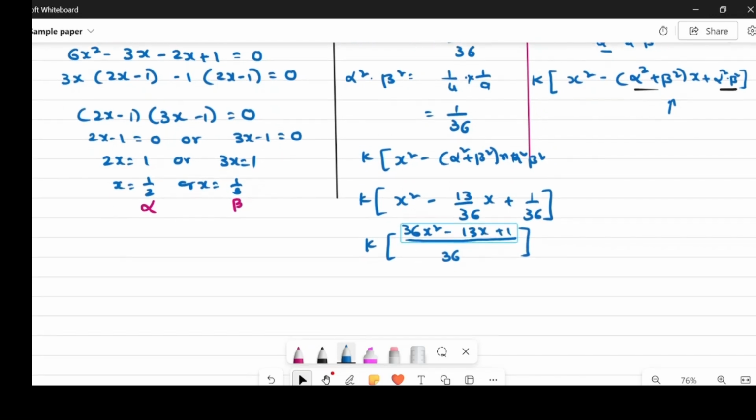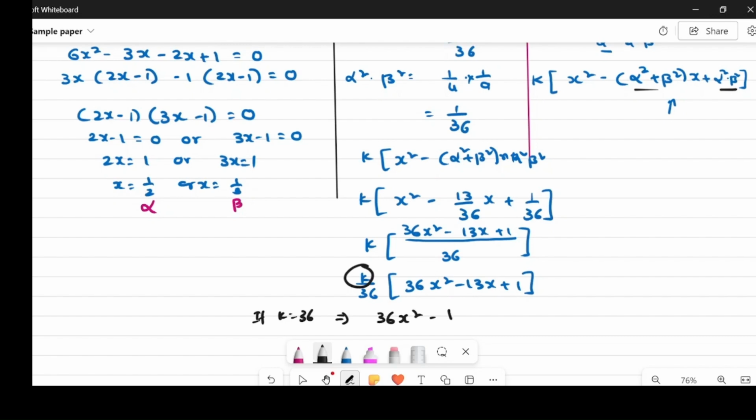So bring this 1 by 36 outside, so it will be k by 36 into 36x square minus 13x plus 1. Our k can be any integer, right? This is true for any value of k. So if you put k equal to 36, then our required polynomial would be 36x square minus 13x plus 1. Alright, if you have any doubt how we can replace k with 36, then please mention it in the comment box.